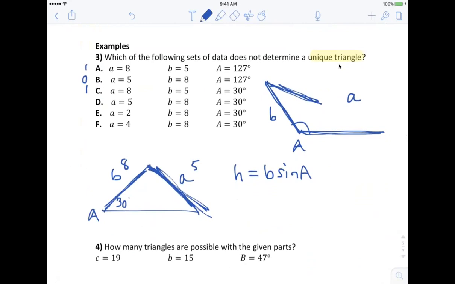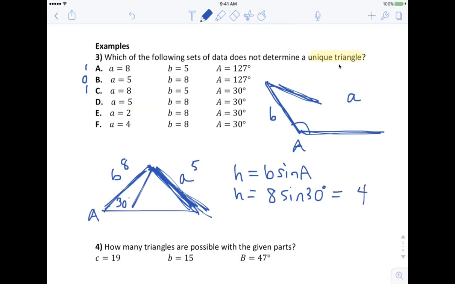Now, if this side over here is shorter, it's possible that it just doesn't reach, or it's possible that you can swing it 2 possible ways and get 2. All right, so the key for this is finding H. And my H is going to be 8 times the sine of 30, which if you calculate that, it's equal to 4.